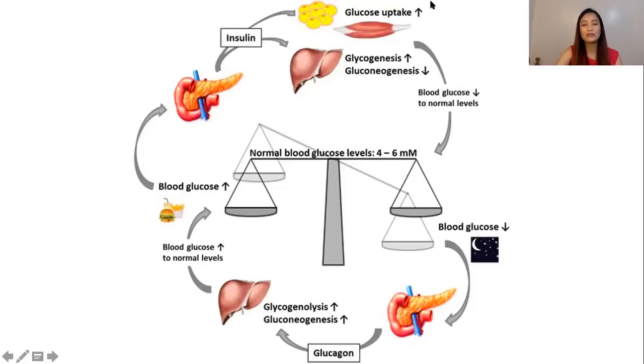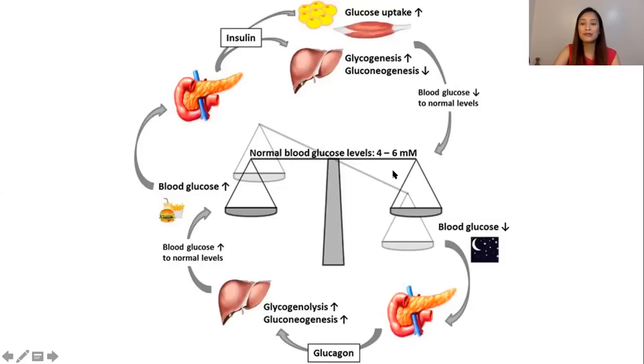Your insulin also promotes glucose uptake in the muscle, in the fats, and in the liver as well. And in the liver, it will promote glycogenesis and suppress gluconeogenesis. So essentially it promotes glucose storage. And when glucose is stored inside the cells, your blood glucose levels will go back to normal.